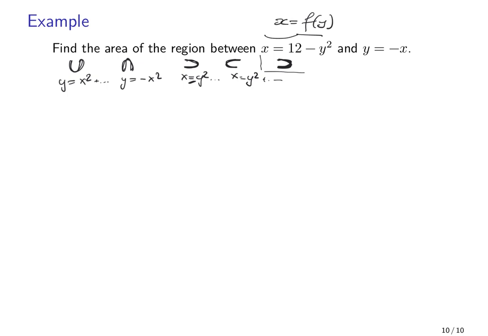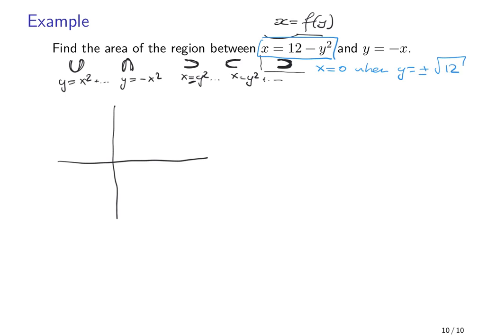We can graph that, so let's do step number 1. Let's make the graph. Let's shade this in blue. So here we see that x is equal to 0 when y is equal to plus or minus square root 12.